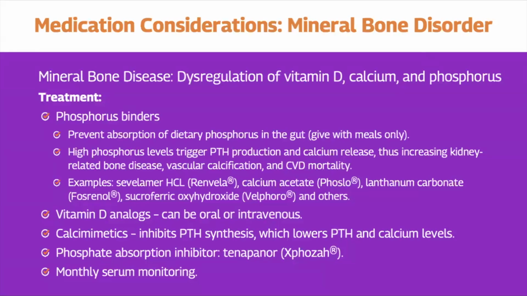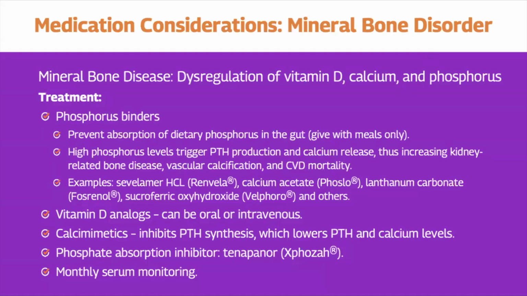So some of the phosphate binders are here on the screen: Renvela, Fosrenol, and Velphoro. There are many, many more to choose from, too many to list here, but these drugs are very important to bring that phosphorus down, and the phosphorus is released through the bowels.